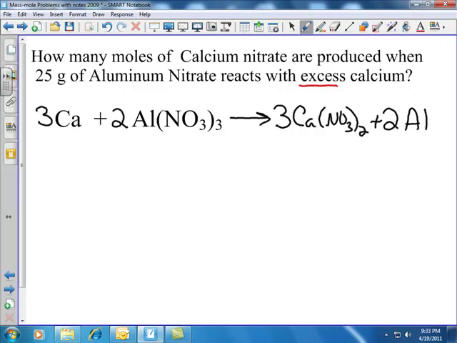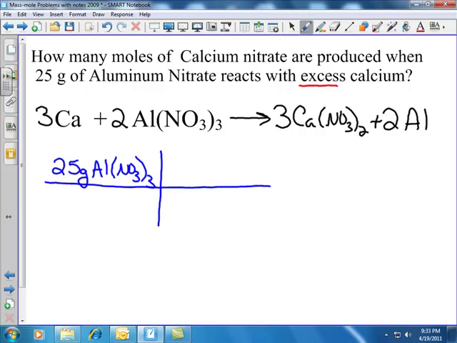Okay, now that you've had some time to work it out, I'm going to go ahead and show the work. We're starting with 25 grams of AlNO3, and I'm going to change that to moles.